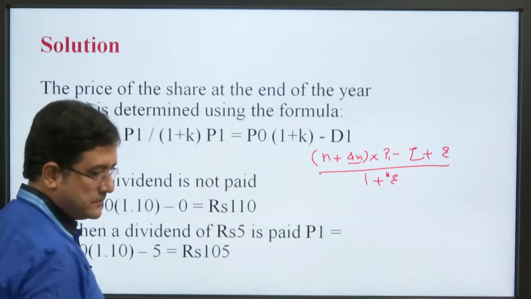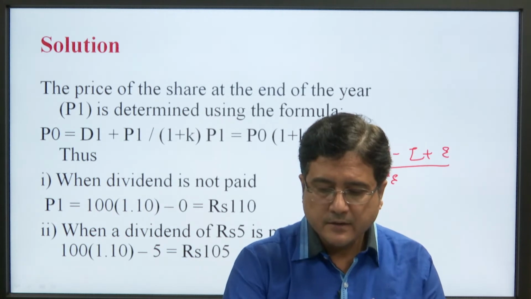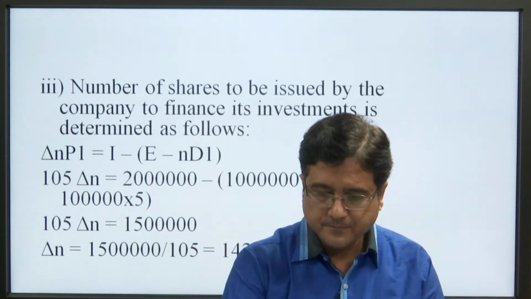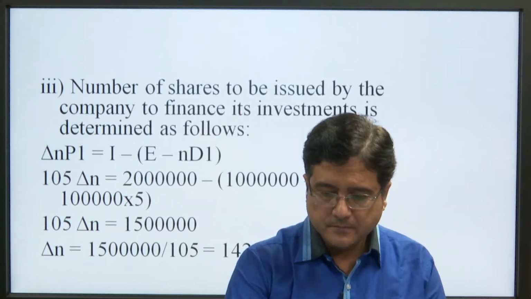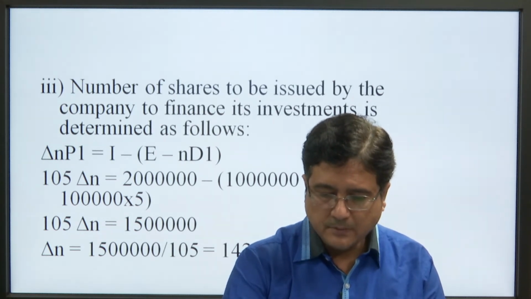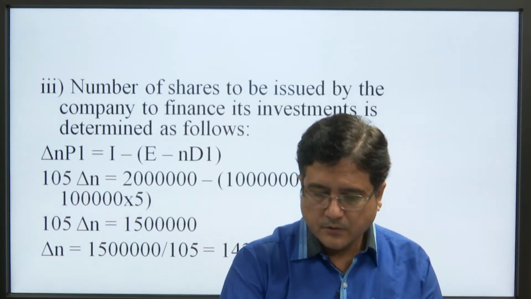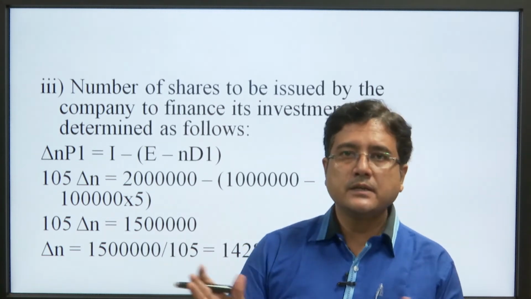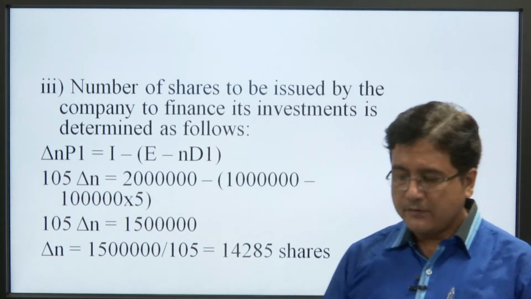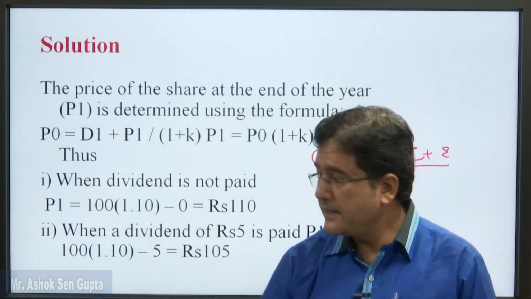This is the formula. So, here when dividend is not paid, P1 is 110, and when dividend is paid, P1 is 105. Third point, the number of shares required, and here what we required.